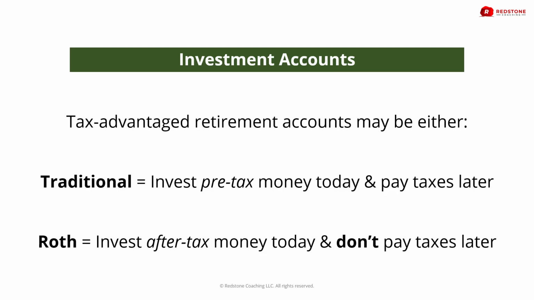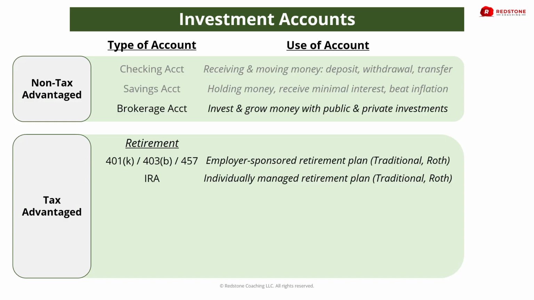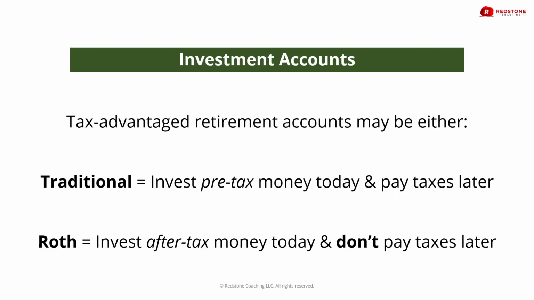Now, a lot of people don't know that 401ks can be Roths. A lot of people just say, oh, I signed up for my 401k. Well, by default, most companies default to traditional 401ks, but many companies do offer Roth. So traditional just means that you're using pre-tax money today, and when you pull the money out 30 years from now or 20 years from now, whatever, you'll need to pay taxes later.